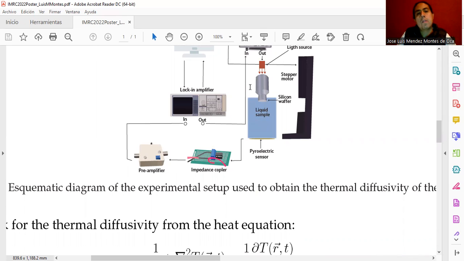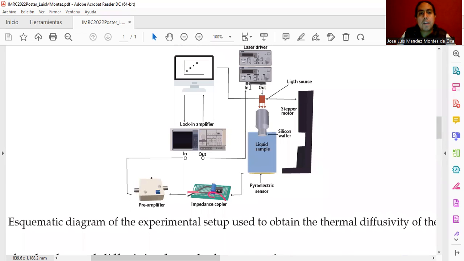That signal is sent to an impedance coupler, then to a preamplifier, and again to the lock-in amplifier. The lock-in amplifier makes an operation between both signals, the sinusoidal reference signal and the measured signal.